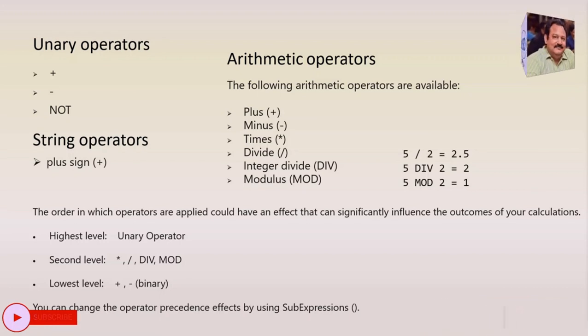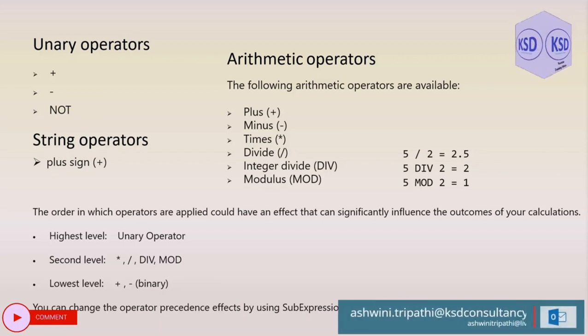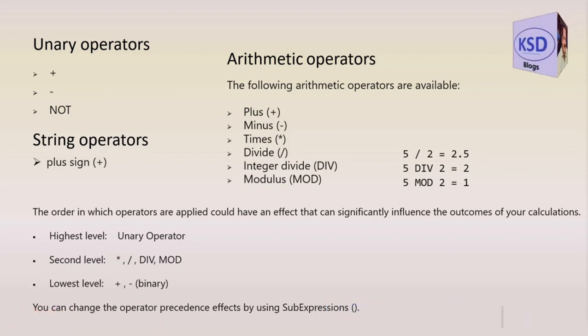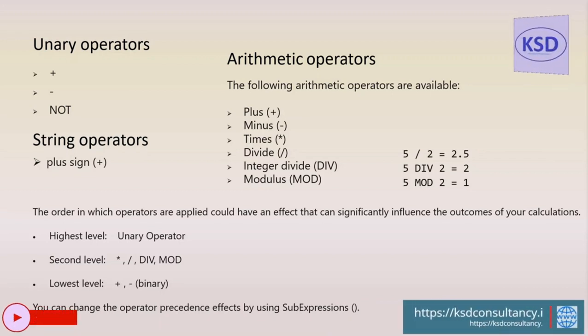Similarly, your string operators. In string, you have only one operator, that is the plus sign, which is a binary operator. Binary means where two elements are required, because it impacts the terms on either side of the operator.